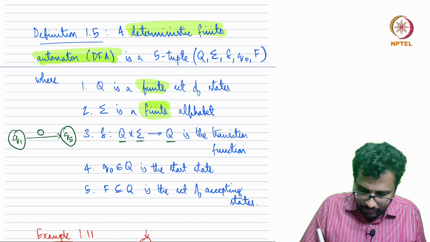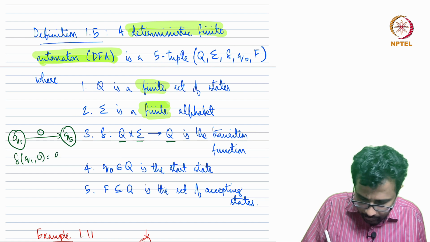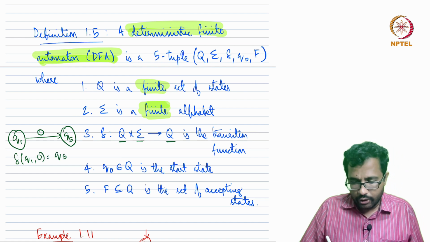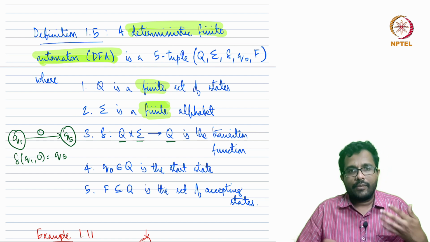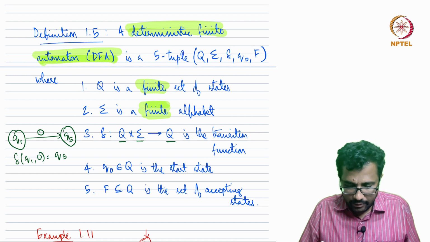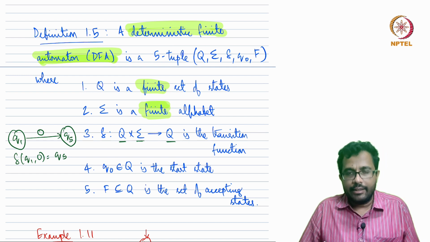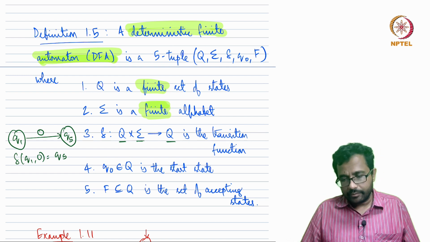In other words, delta of q1, 0 is q5. If you are in q1 and see a 0, you move to q5. So that is pictorially depicted above and notationally depicted using the delta.